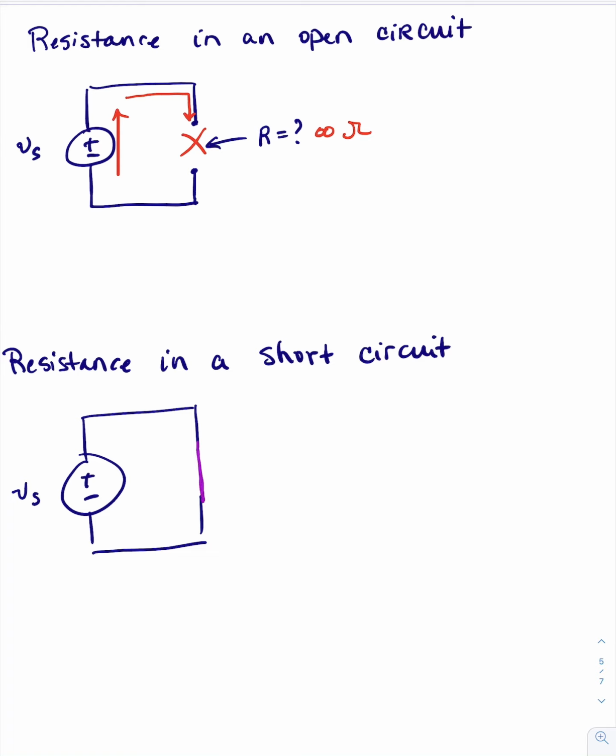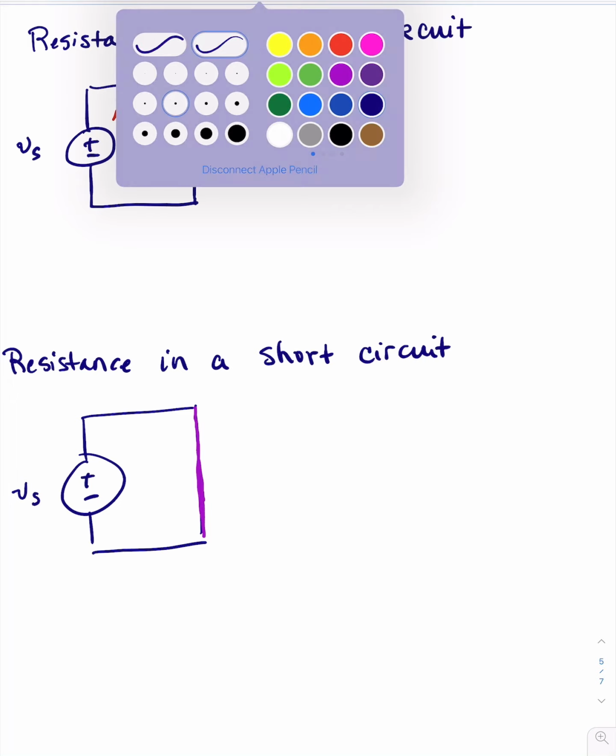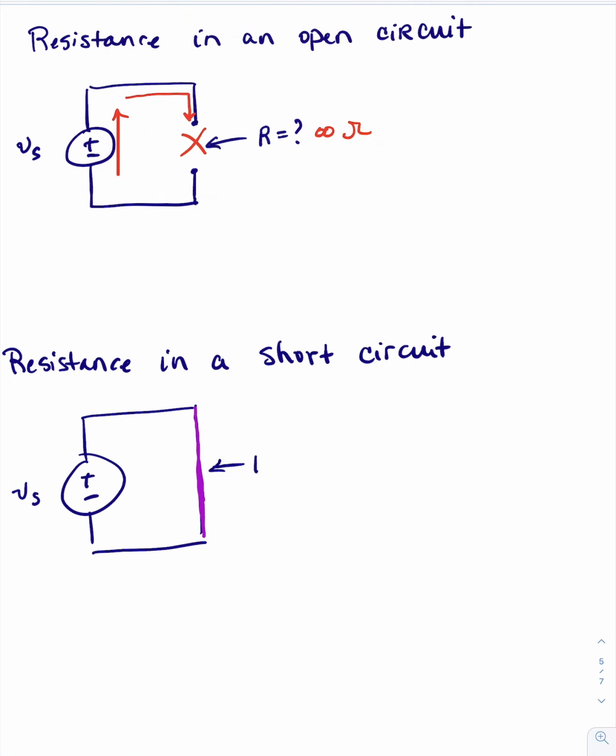What's shunting? It's putting a wire across. What is the resistance here? Well, we say that the resistance in wires is 0. So our current is traveling through our voltage source, and it keeps going around unhindered. So in this case, our resistance would be 0 ohms.